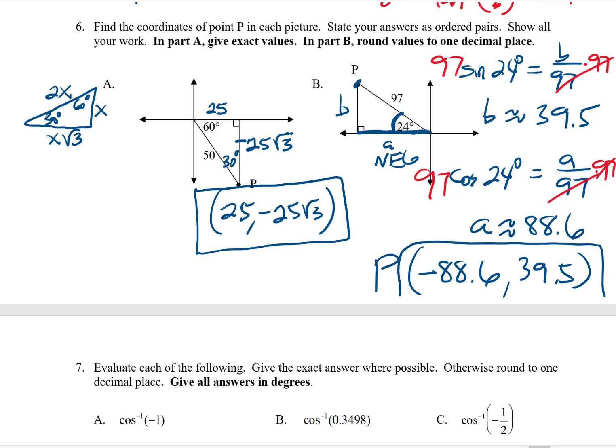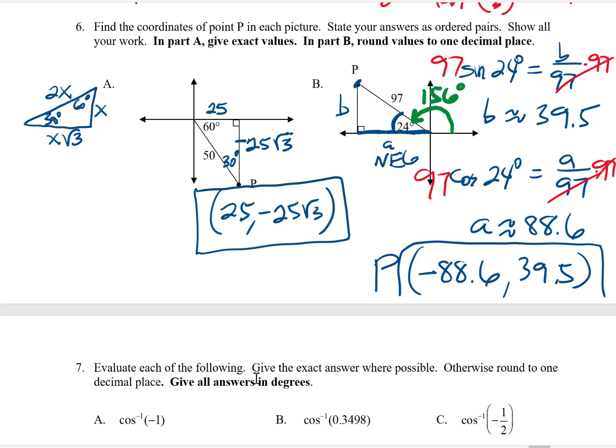If you don't like that, the other option we could have done is used the actual angle here. I'd have to go 180 minus 24. That's going to come out to be 156 degrees. If you had used that angle in your calculations instead of the 24, your signs would have come out correctly.